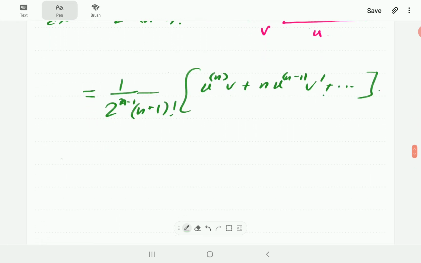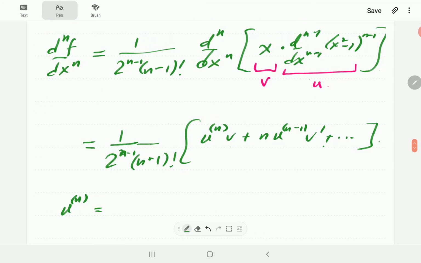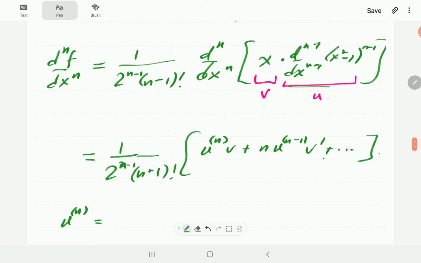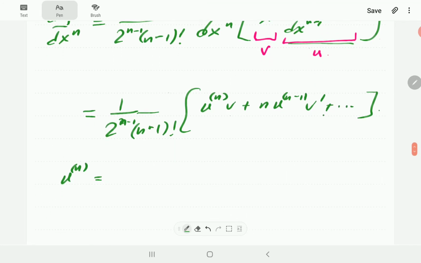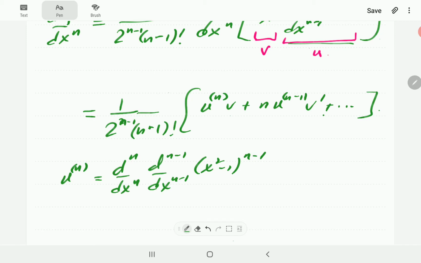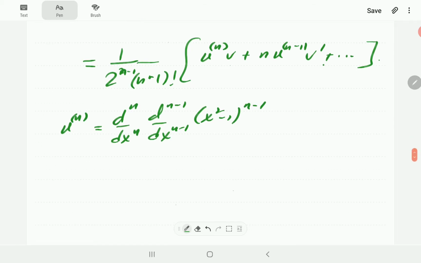Now if we look at the nth order derivative of u, so what's going to happen is we're going to have to differentiate this n times. So that's going to be the nth order derivative of the n minus first order derivative of x squared minus 1 to the power n minus 1.